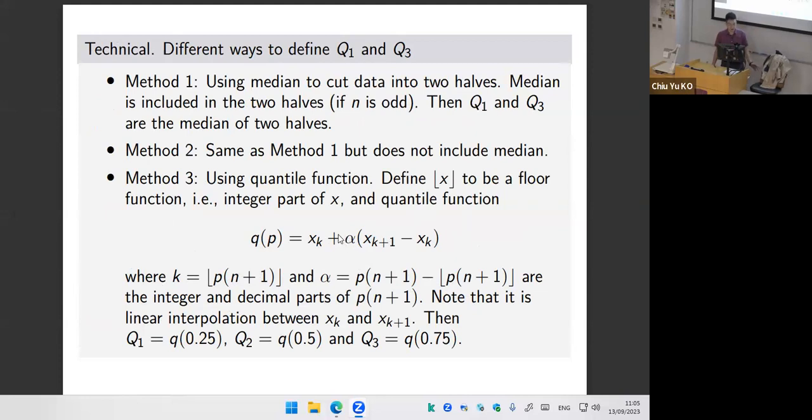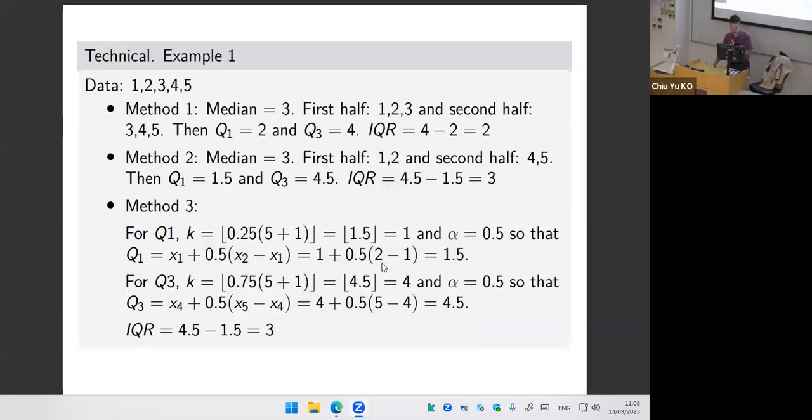Alpha is the percentage as a decimal. But I'm not going to go through this formula because you already know what it means. It's just the mathematical way to say what we have just said: you start from the smaller number and add the decimal part. Anyway, we'll do it exactly, and then you will see what is going on.